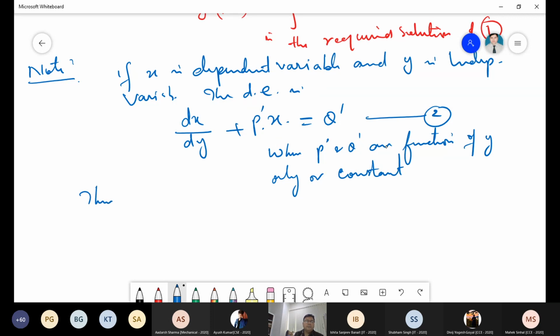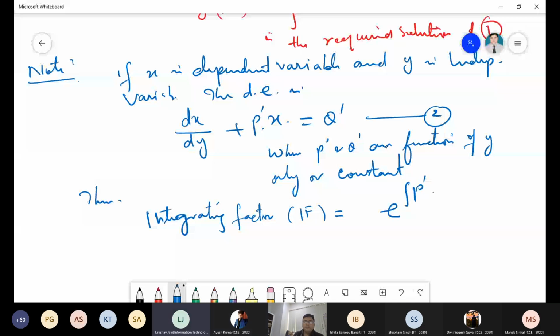Then the integrating factor is e to the power integration of P dash dy.